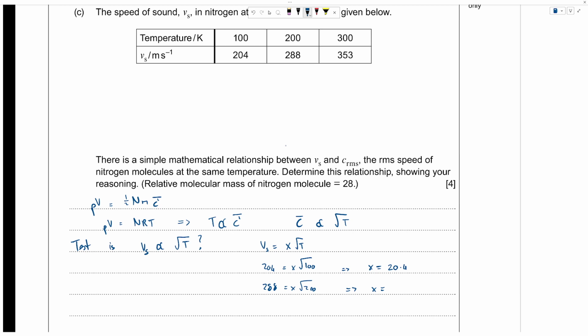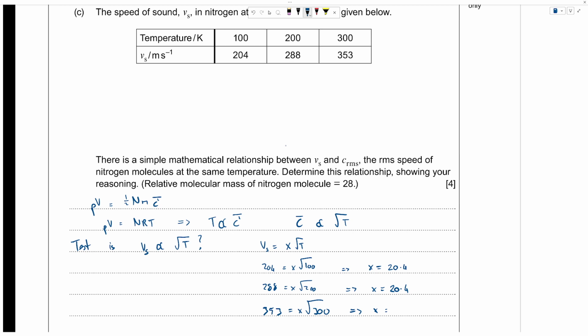It's also 20.36. Where you've got to propose a test to check the relationship between two numbers. And in general, this is the way that you want to approach that. You want to kind of suggest a proportionality, insert a constant of proportionality, and determine that constant for the data that you've been given. And if indeed you get the same answer each time, then it is a constant and therefore your relationship is valid. That's what we're trying to achieve here.